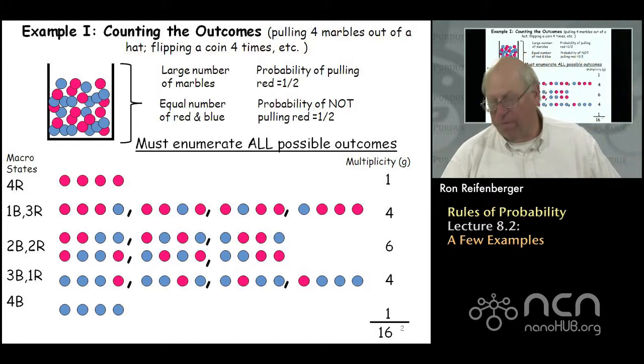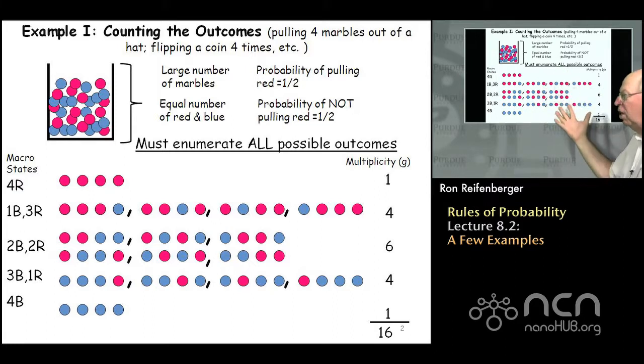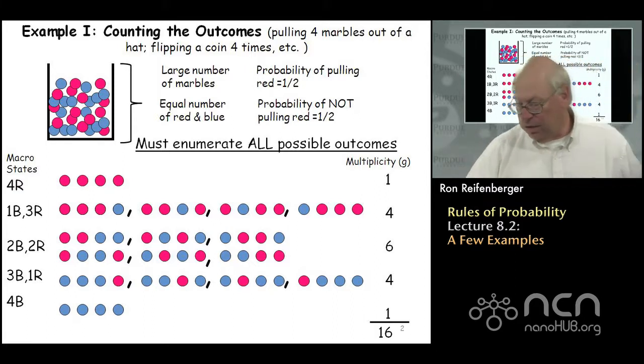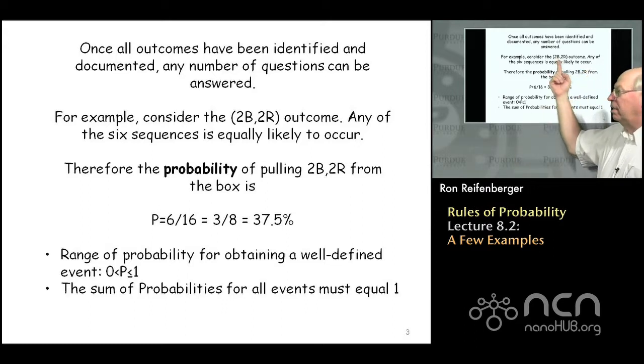this extremely simple experiment. The key point is that once you know these different outcomes, you can start to answer all kinds of interesting questions. For instance, what's the probability that you're going to pull out 2 blues and 2 reds? Well, there are 6 different sequences of 2 blue and 2 red.